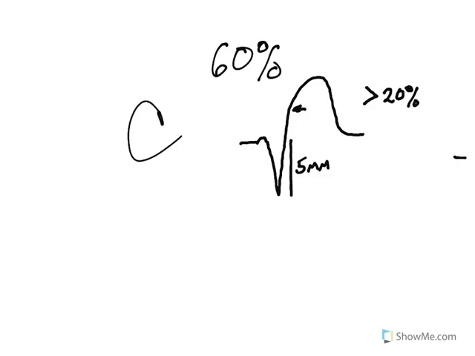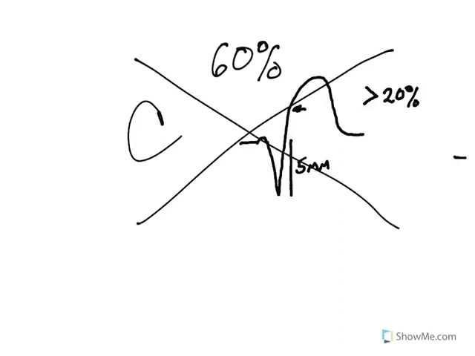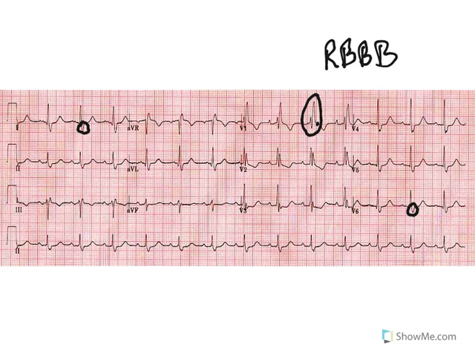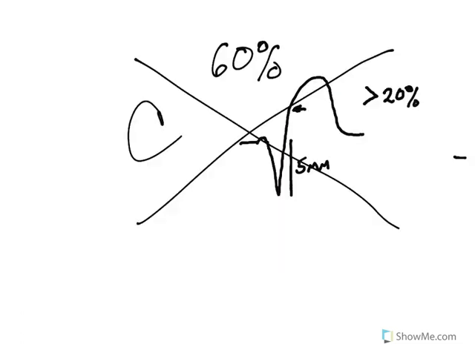So Sgarbossa C, I tell you about it, but I would not be putting that on a test. I'm not going to require you to make a decision on whether or not your patient is having a STEMI based on Sgarbossa C. I would be focusing only on Sgarbossa A and Sgarbossa B. And Sgarbossa A is concordant ST elevation in any lead.